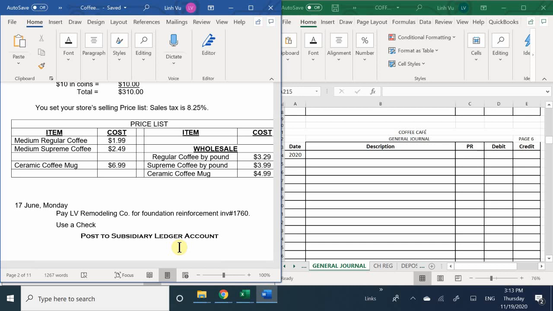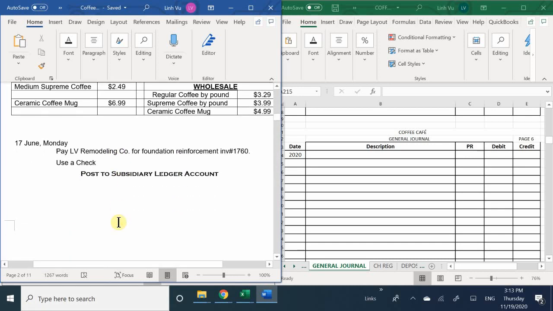So, we completed our transactions for the 16th. So, what happened next on the 17th? On the 17th, we pay LV Remodeling Company for foundation reinforcement, invoice number 1760, and use a check, post to a subsidiary ledger account.